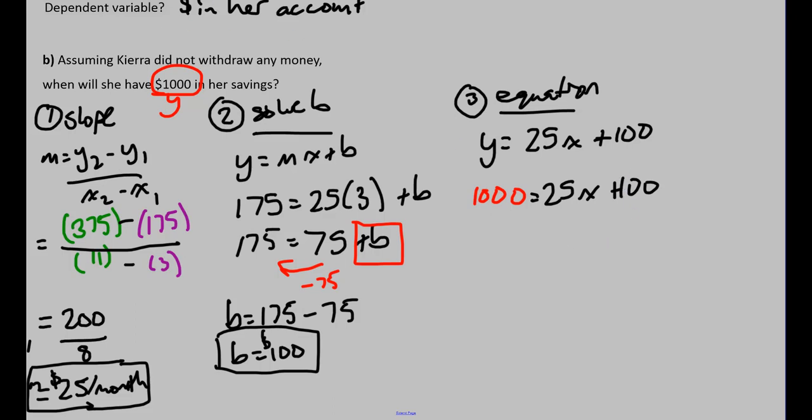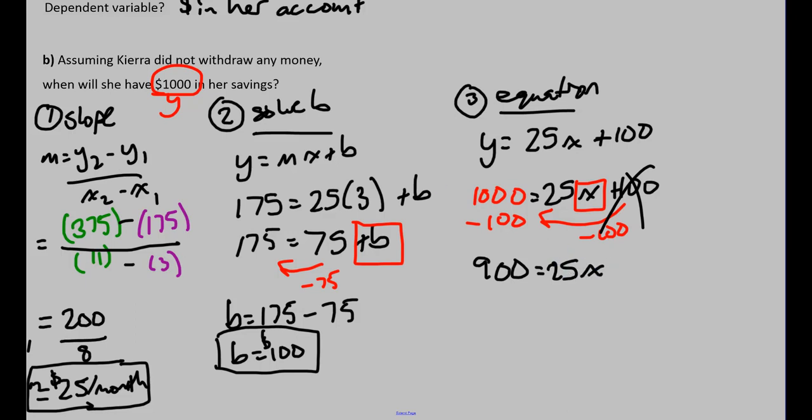And you guys should hopefully be pros at this. You have to isolate for x, which means I have to get rid of the 25 and the 100, but I get rid of adding and subtracting stuff first. So I have to subtract 100 on both sides here. 100 minus 100 goes away. 1,000 minus 100 is 900, which is equal to 25x.